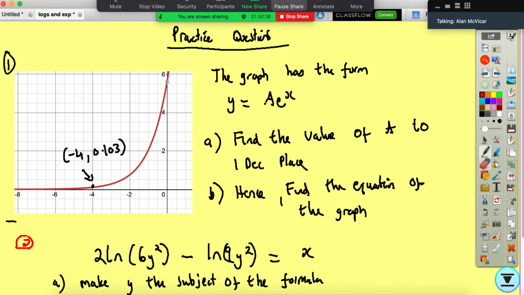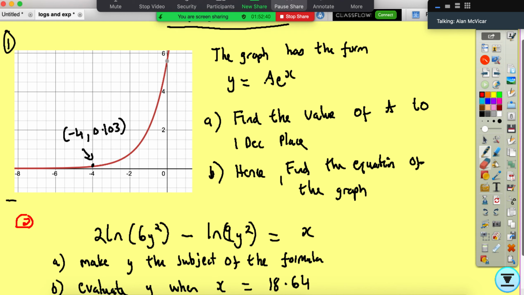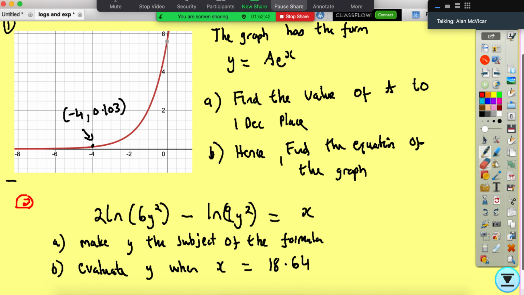Right, so the graph has the form y equals ae to the power of x. Can you find the value of a to 1 decimal place, and then hence find the equation of that graph? Then I've got 2 ln 6y squared, take away ln 9y squared equals x.